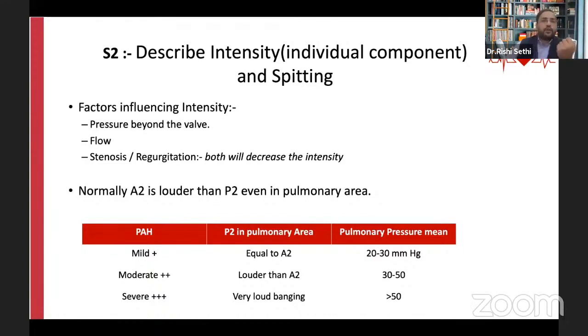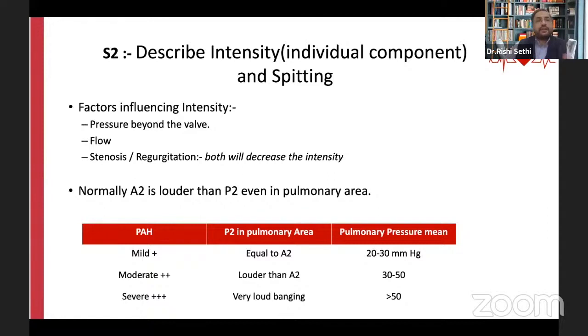The factors which influence the intensity of an S2 or the individual component of S2 are, most importantly, the pressure across the valve. So the pressure in aorta is much higher than in pulmonary artery. So A2 would definitely be of much higher intensity than P2. So the main factor governing the intensity of A2 and P2 is the pressure beyond the valve, and it is also dependent upon the flow.